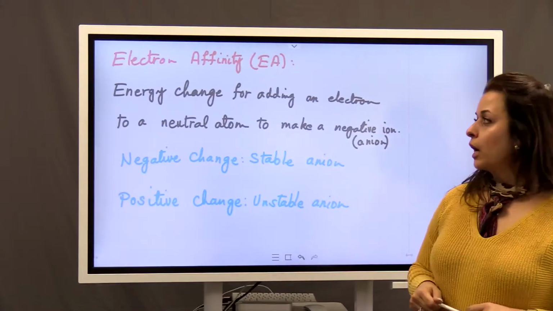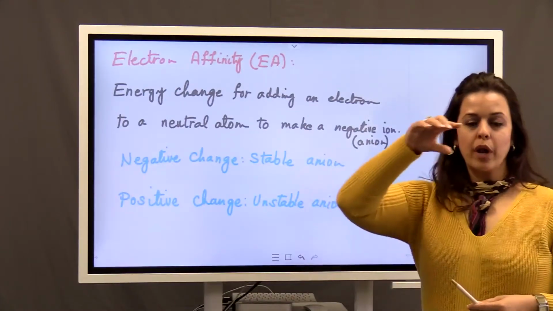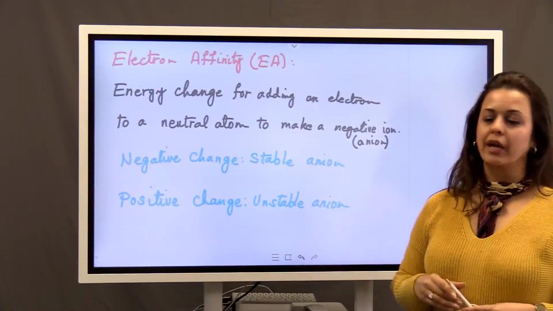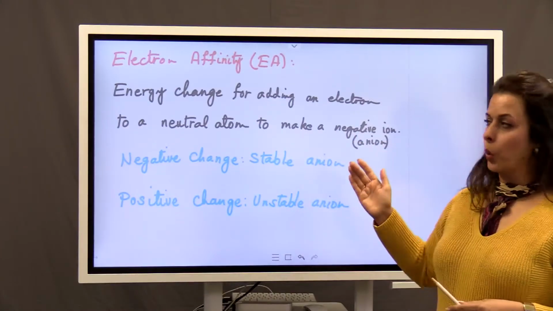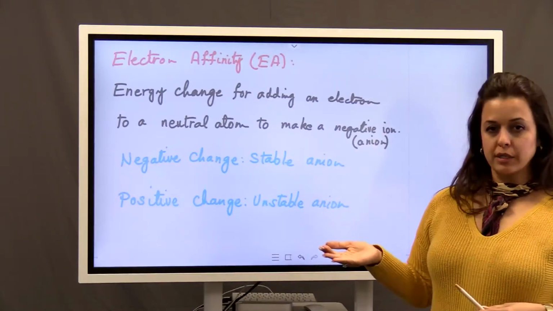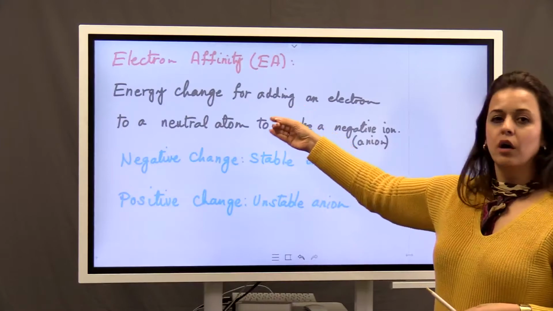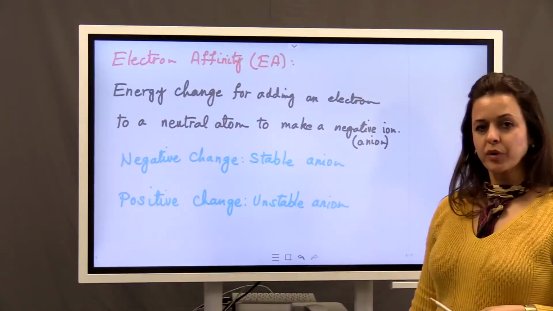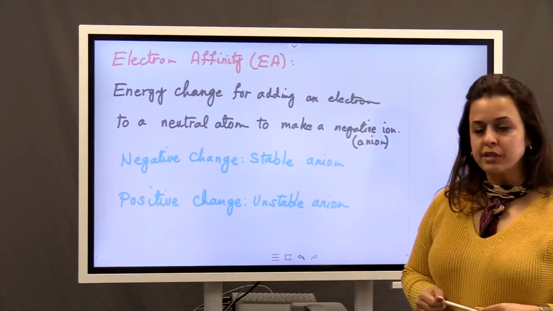Unfortunately, unlike first ionization energy and atomic radius, you don't have a regular trend across the period or among the groups. So it varies in the periodic table. Most of our emphasis is on the atomic radius and the first ionization energy.